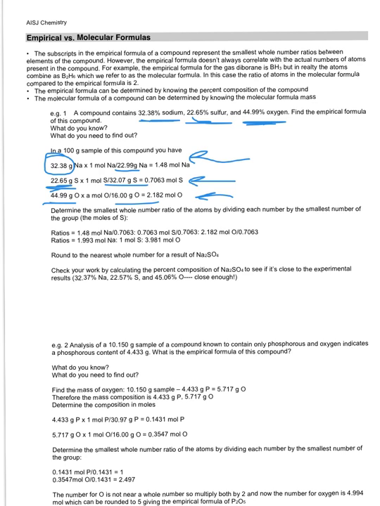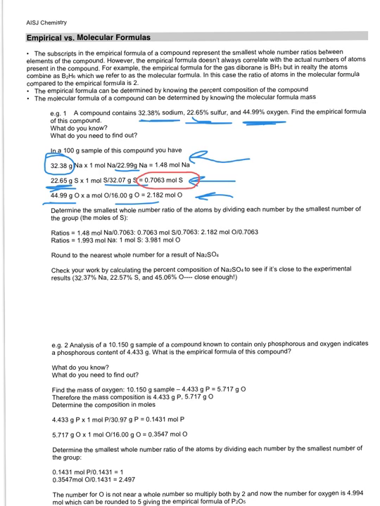And now we want to determine the smallest whole number ratio of the atoms by dividing each number by the smallest number of the group. So in this case, the smallest number is the 0.7063 moles of sulfur.